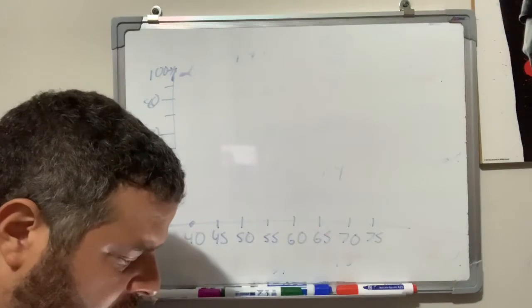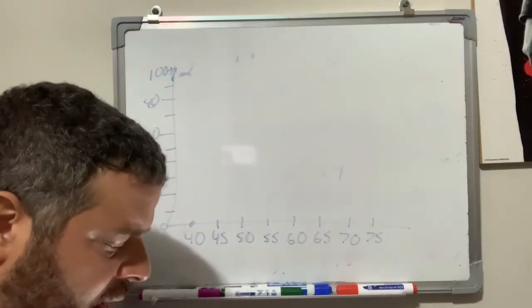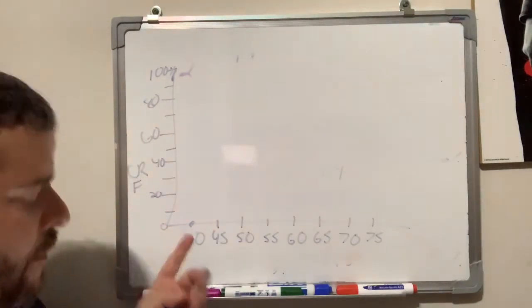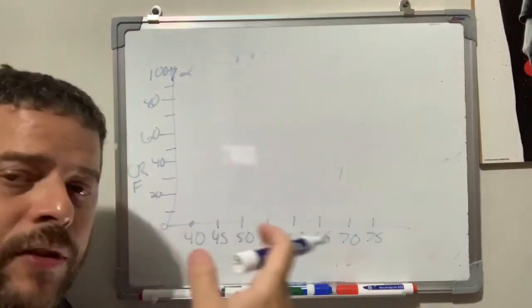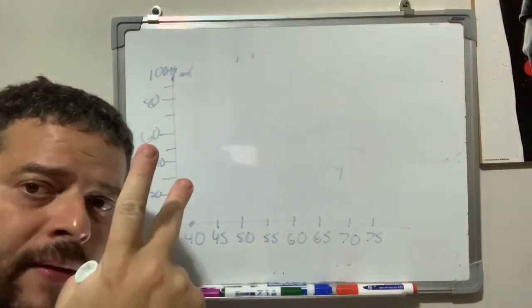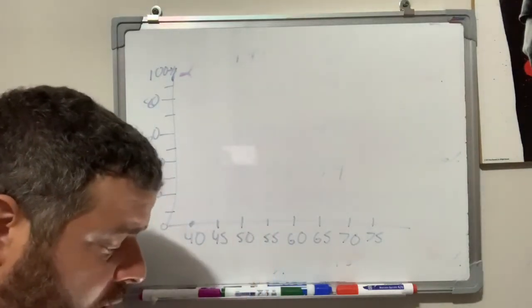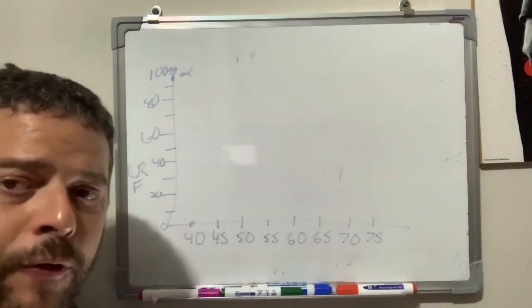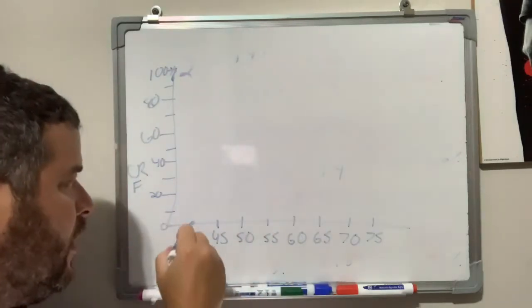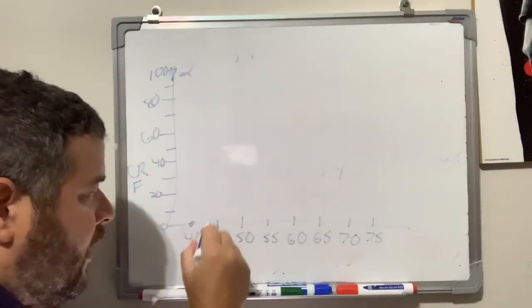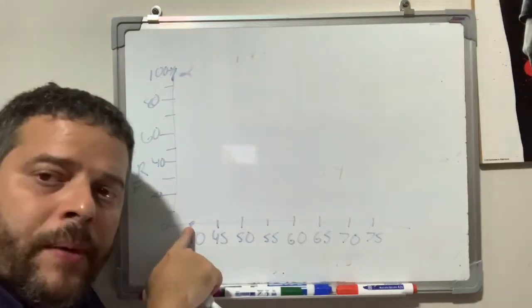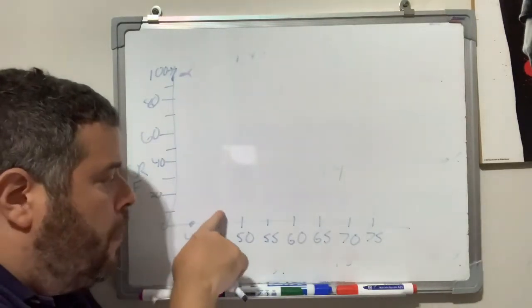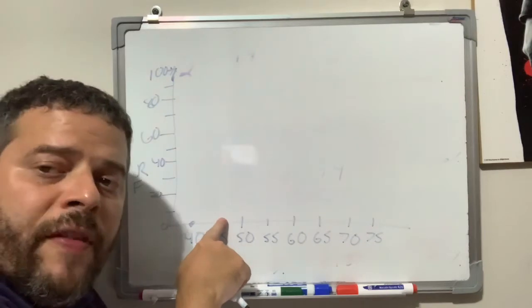Now, if we begin, we can easily see that the leftmost dot or data measurement is 40 to 44, which corresponds to 2 people, or as far as cumulative relative frequency goes, 4.4%. You always begin from the smallest measurement in one interval to the smallest measurement of the next interval.